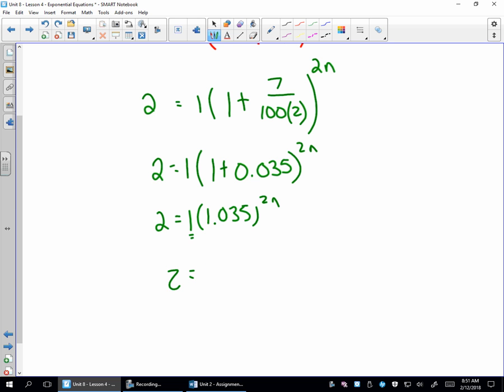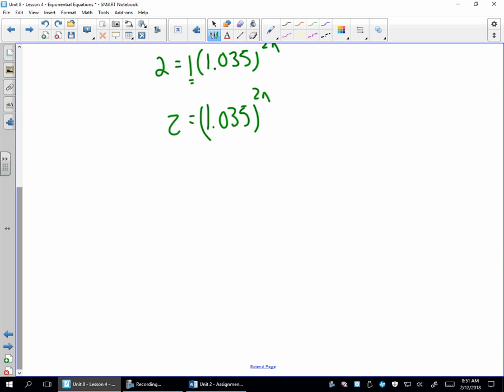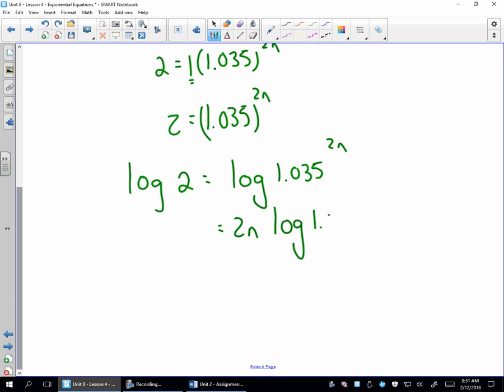So really, I have this exponential equation. Well, I can solve that using logarithms. I take the log of one side. I take the log of the other side. My exponent comes down in front. I divide out my logarithm.